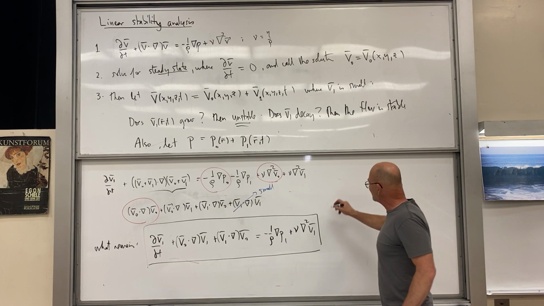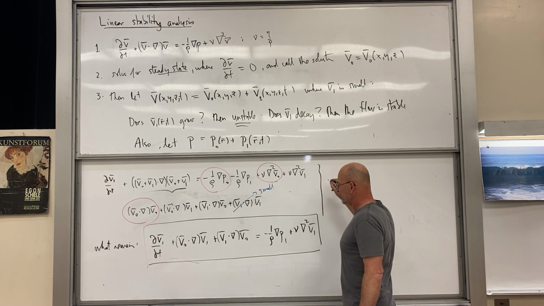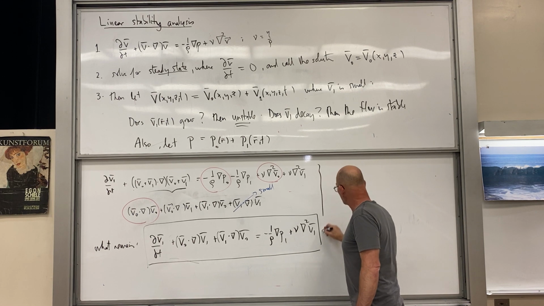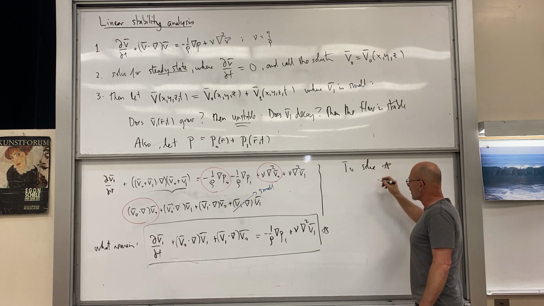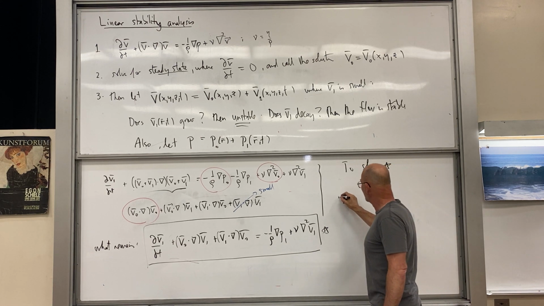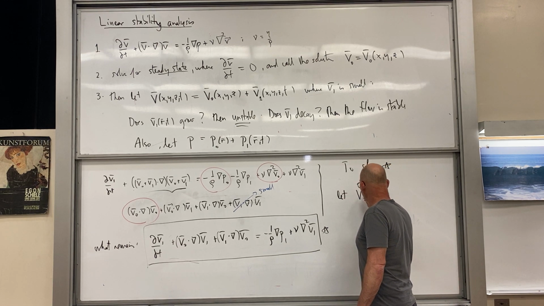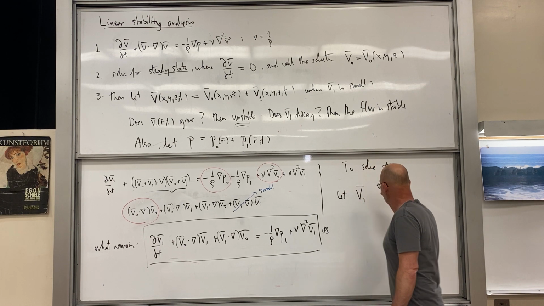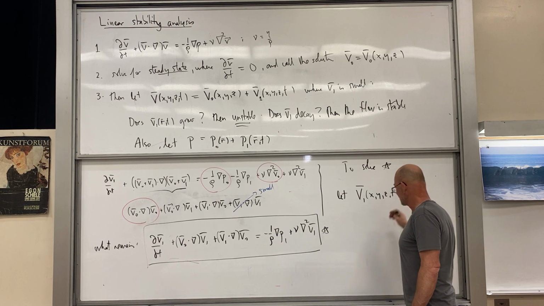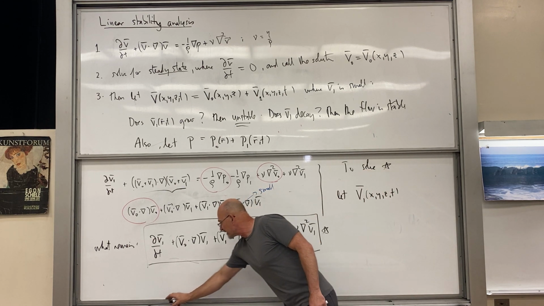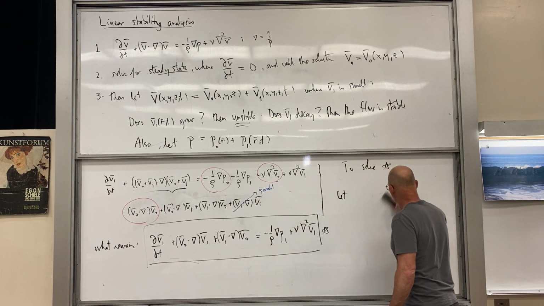The way it's answered is the following. So to solve, let's call this star. To solve star, what we do is we let v1 of x, y, z, and t, that's a little too big, let's just write it of r and t.